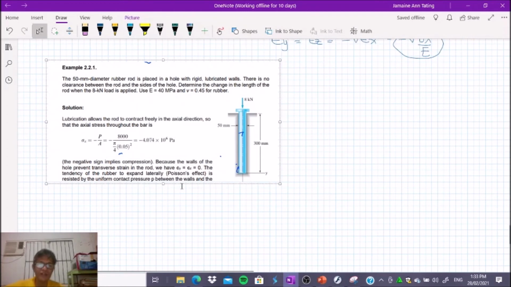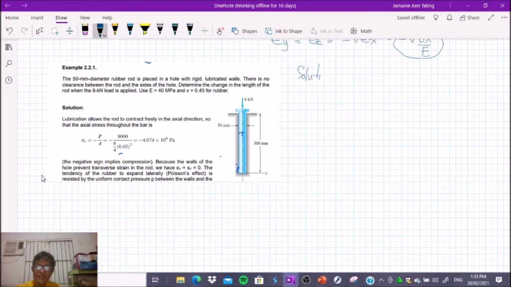So now, what will happen is the uniaxial case. To make the solution easier, do it this way, because sometimes students find problems like these difficult, especially in books. So now, let's take the given. Our diameter is equal to 50 millimeters, and there is no clearance.